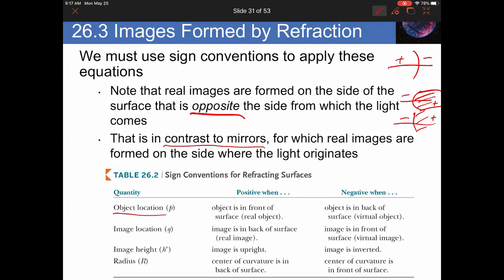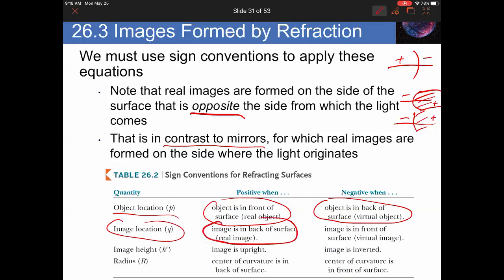Object location is positive when the object is in front of the surface, and negative when the object is in the back of the surface. This is usually used when the image of one surface is considered as the object for the second surface. Image location: the image is positive when it's in the back of the surface.